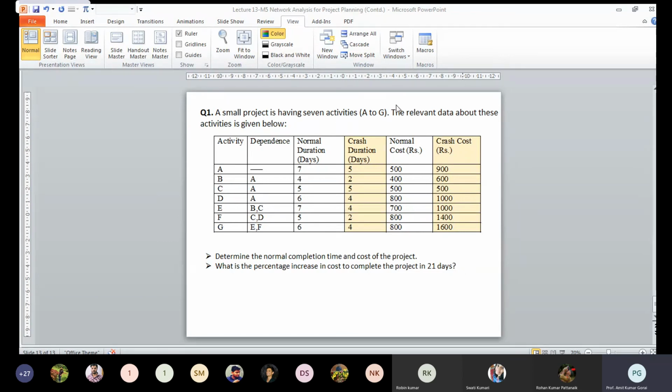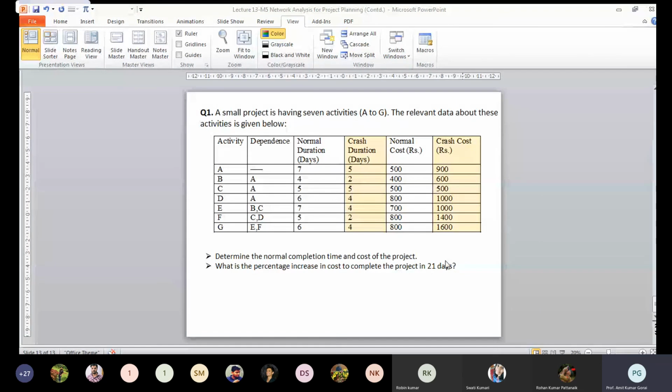If you complete it in 7 days, it will cost around 500, but if you try to complete it in 5 days, the cost is 900. That means the cost increases. So what is the crash cost? We have to estimate the normal cost and crash cost to determine the normal completion time and normal cost of the project.